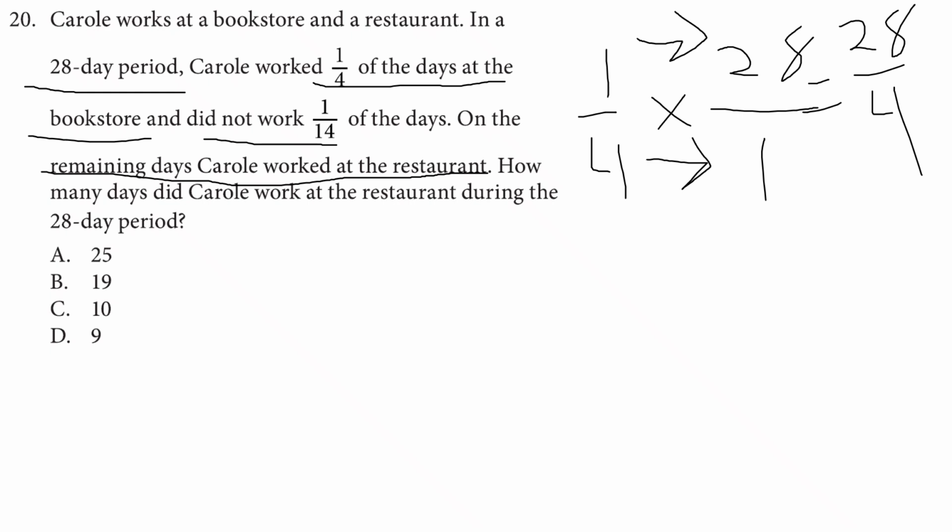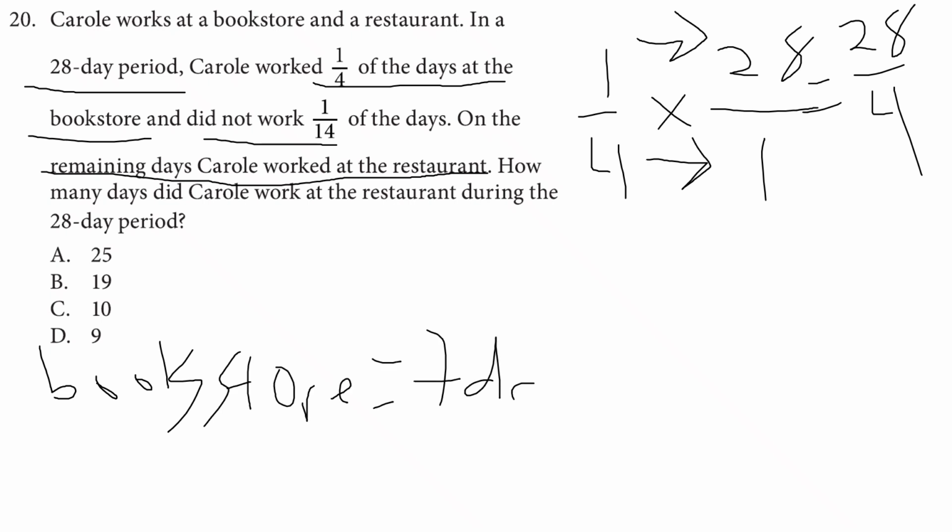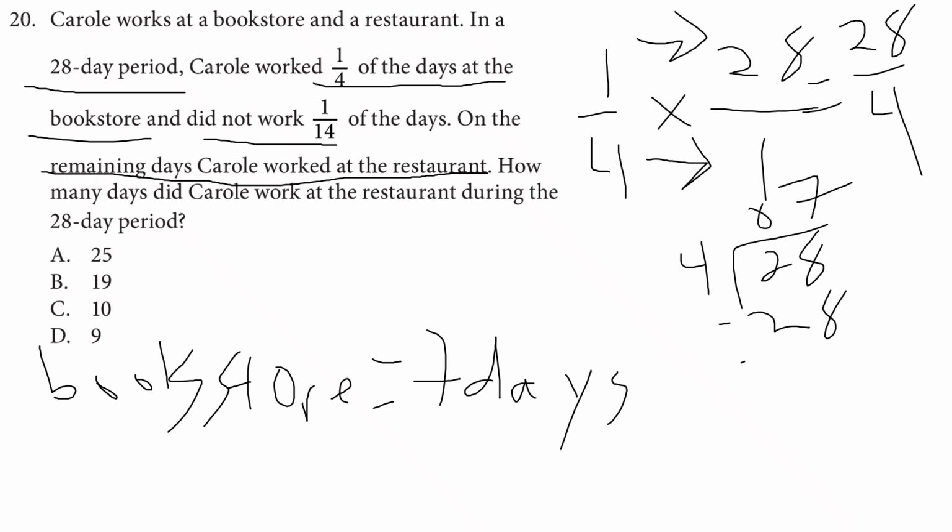So at the bookstore, Carol worked 7 days, because 28 divided by 4 is 7. That's how we get that. All right. So next, we need to figure out how many days she did not work.